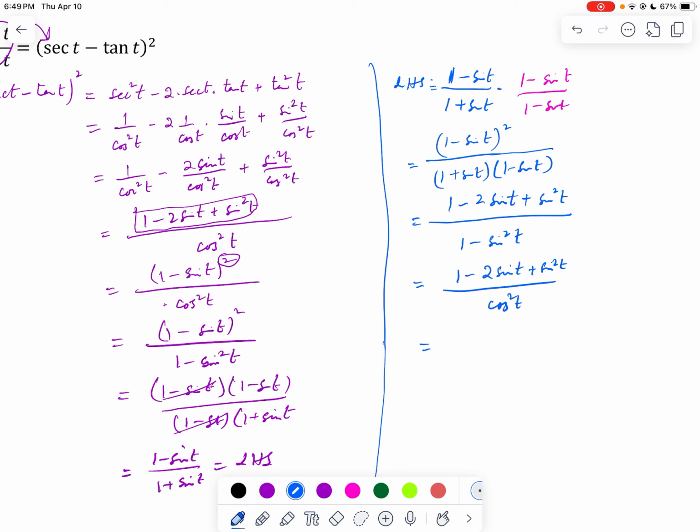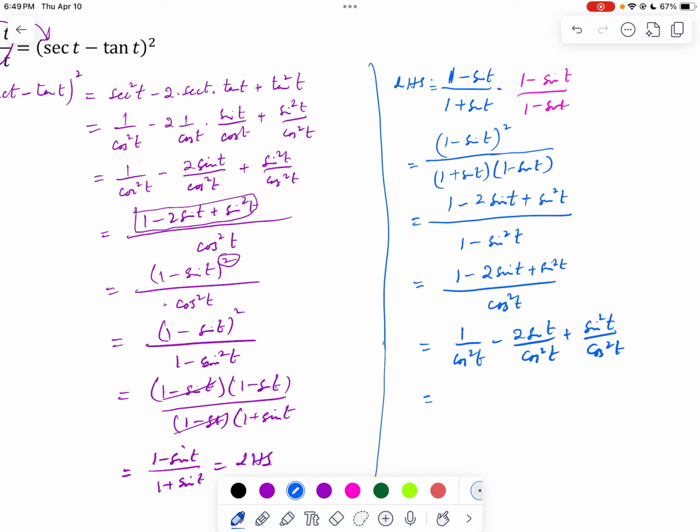So let me divide each term in the top by cosine square t. So I can write it as 1 over cosine square t minus 2 times sine t over cosine square t plus sine square t over cosine square t.